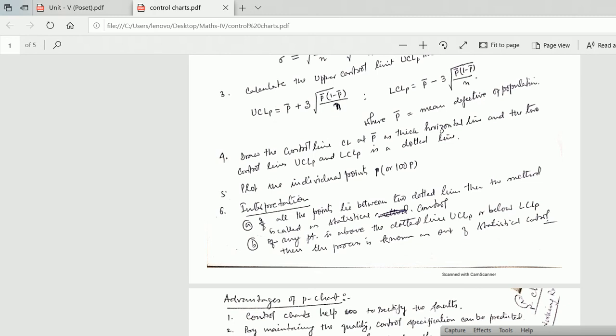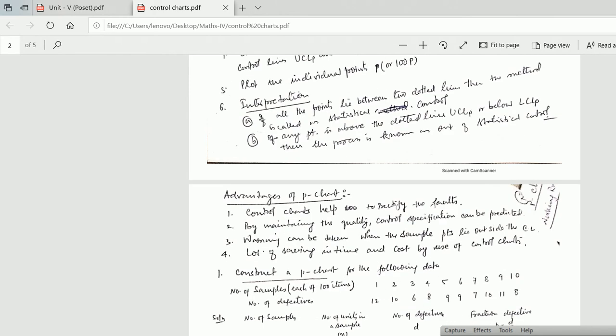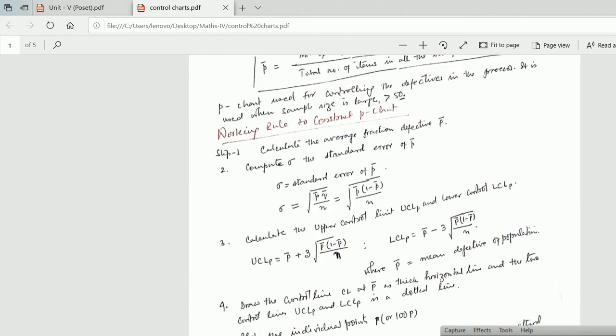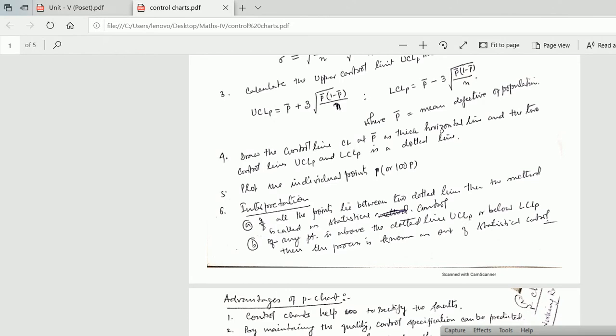Sixth, interpretation. How will you interpret? If all the points lie between the two dotted lines, then the process is said to be in statistical control. In statistical quality control I have also discussed that when the points lie within the upper control limit and lower control limit, the process is under control.